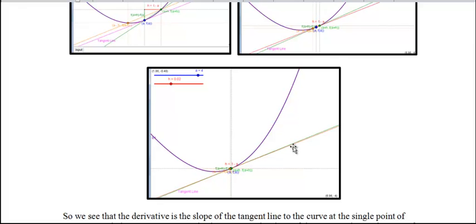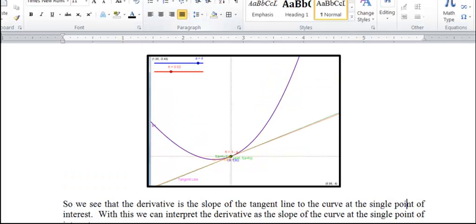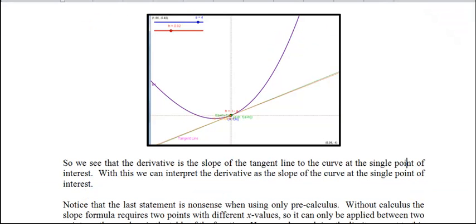So the derivative can be interpreted as the slope of the tangent line. So we can think of that as the slope of the curve at a single point. Now wait a minute. That makes no sense. If we only have pre-calculus, the slope requires 2 points to make sense. In fact, those 2 points have to have different x-coordinates, or the slope is not even defined.